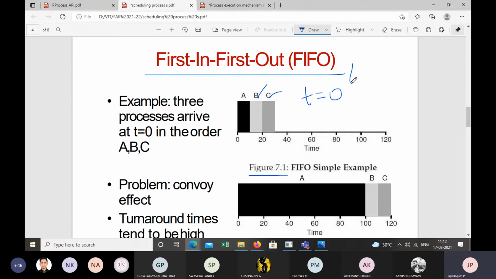I repeat, at time t equal to 0, we have three processes in the system, coming in the order A, B, C. So first A comes, then B, and then C. Because it is first in, first out, the CPU will first execute process A, then process B, and then process C.